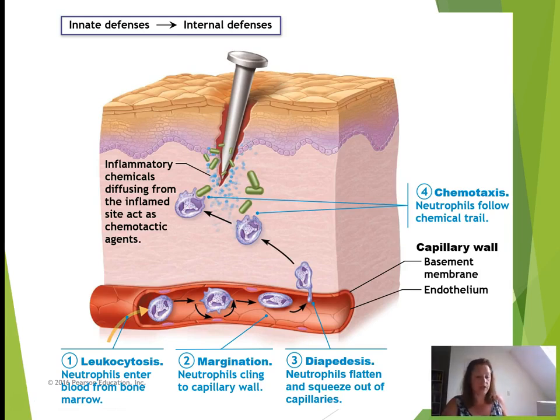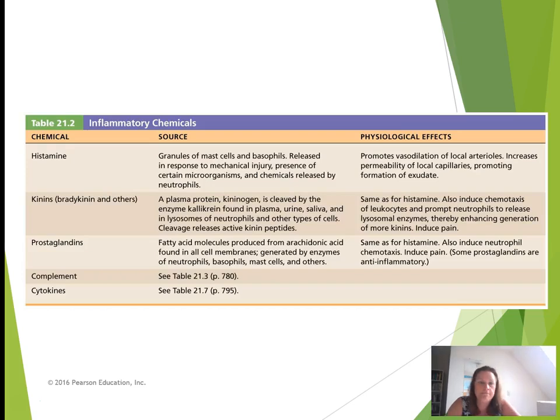And basically, we want to increase the amount of fluid, increase the amount of white blood cells, right? Increase the clotting. We want to reduce the area of infection, right? All of these things are important in that. This is just a little table about the different and various inflammatory chemicals that the body has.